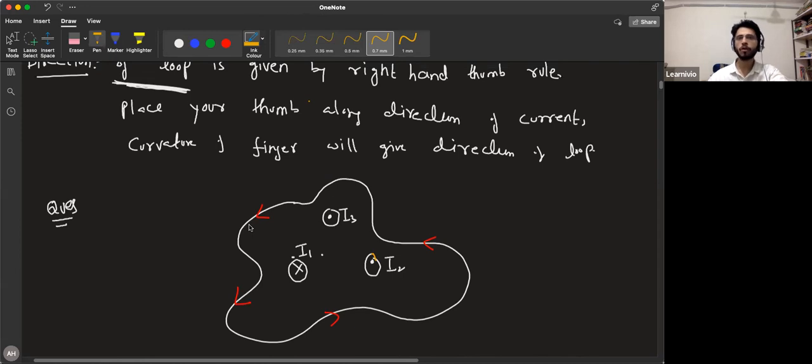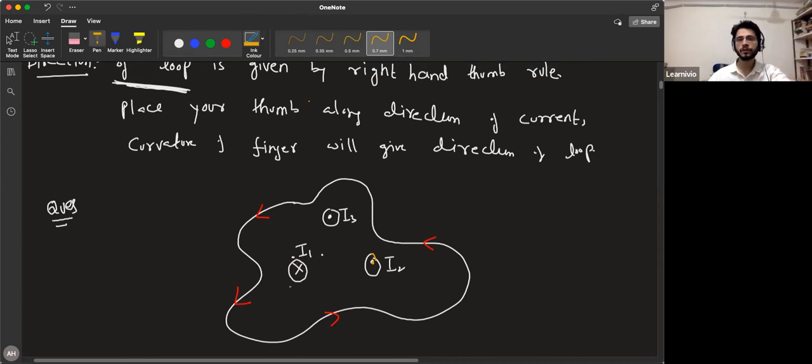Just log out and log in again. Now it's visible. Tell me, does this dot mean inwards or outwards? Dot means outwards, out of the plane of your screen. Cross means inwards, into the plane of your screen.